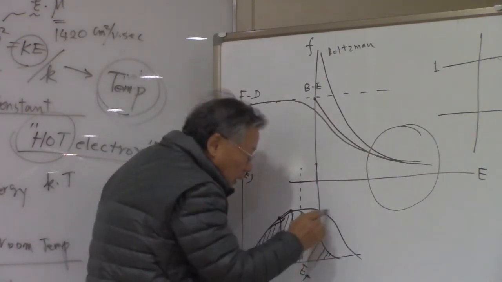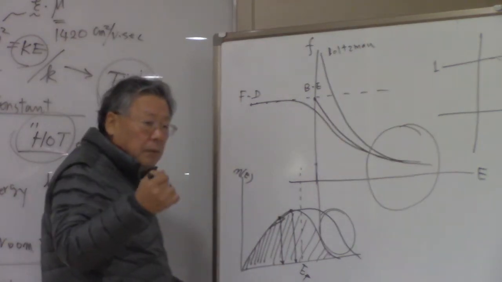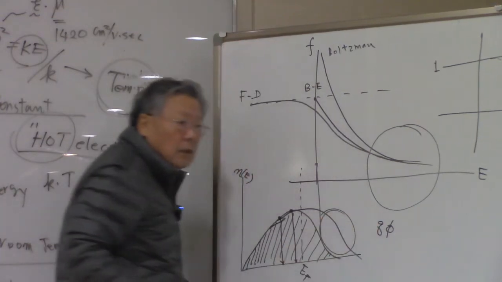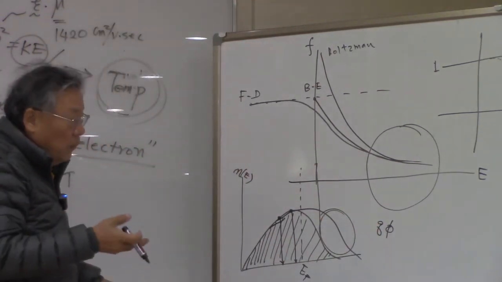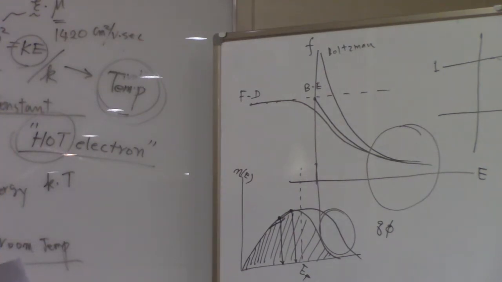And then these high energies can overcome the work function, the energy necessary for the electrons to escape from the metal. Okay? Then we are going to have some electrons emitted from the hot metal surface.